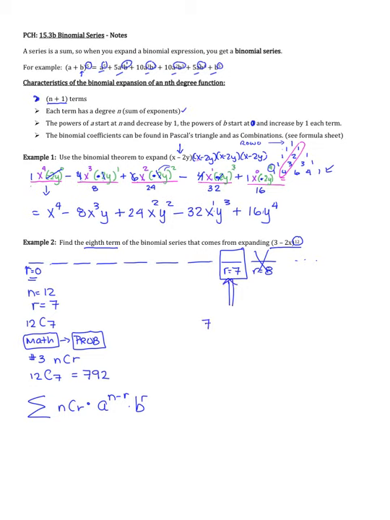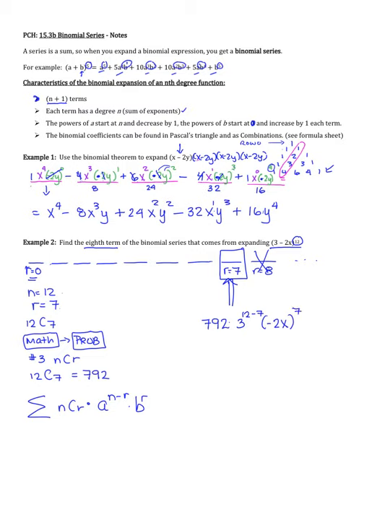All right, so what's going to sit in this position? Well, Pascal's triangle would give us 792 for the coefficient. And then remember, the first term is 3 raised to the n minus r. Well, n is 12, r is 7, so I'll write it out this time: 12 minus 7. And then the next term is going to be negative 2x raised to the r, which is 7.